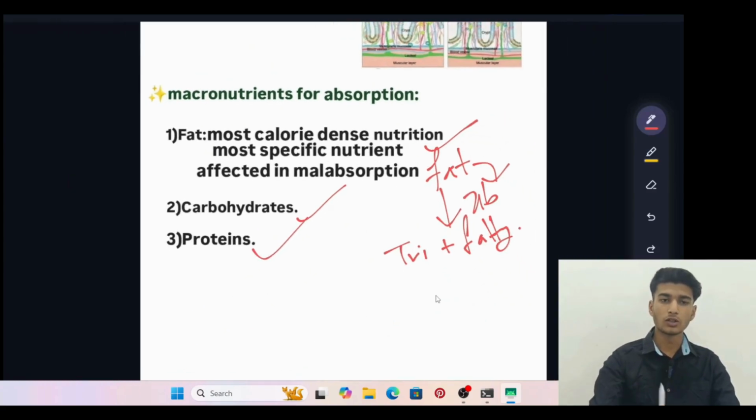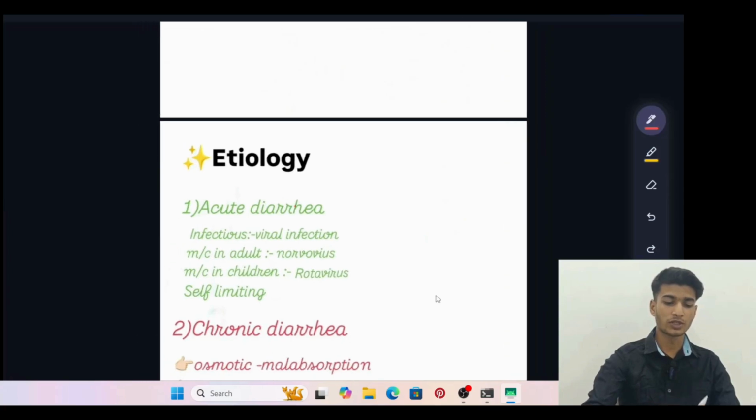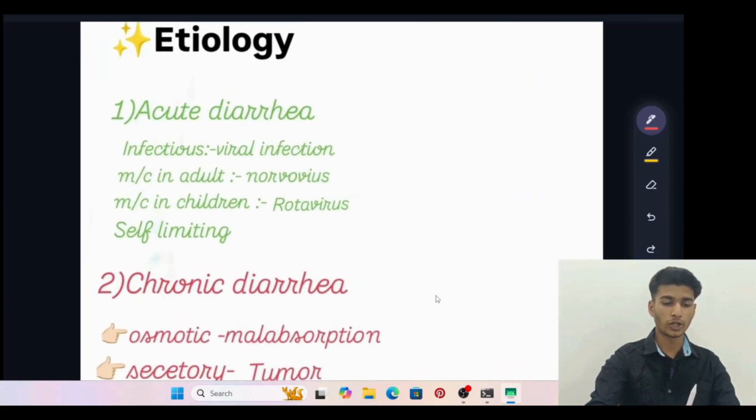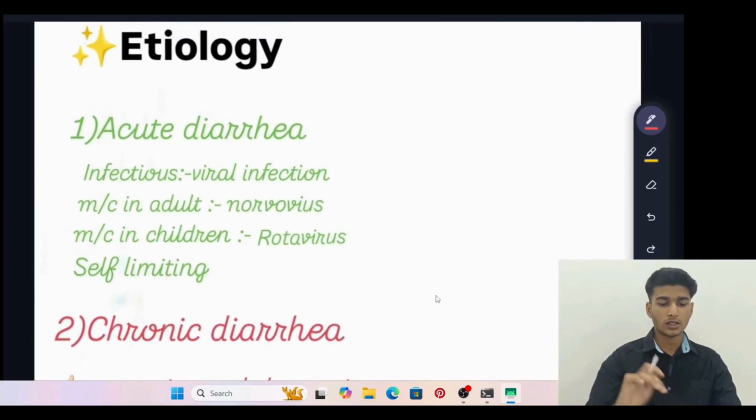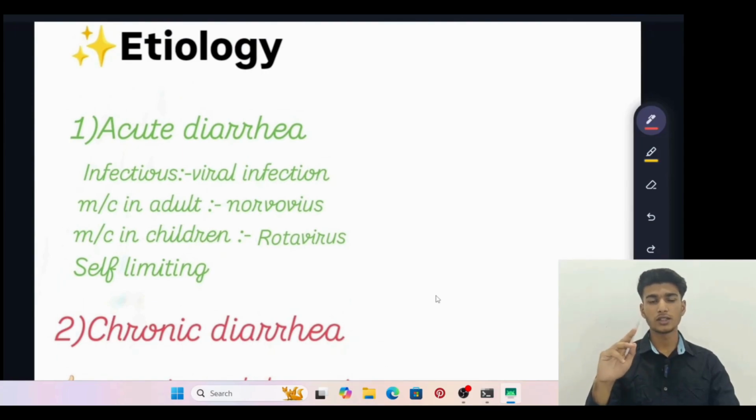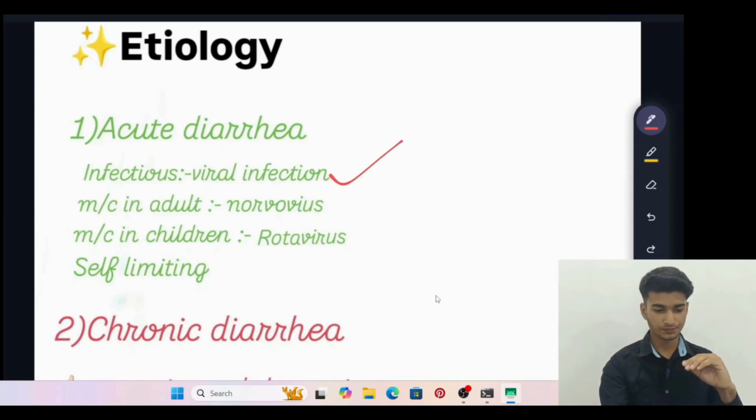So after looking at the physiology of absorption, we'll go towards the pathological viewpoint of this. We have already classified diarrhea on the basis of frequency into 3 types, which are acute, persistent, and chronic. So we'll learn acute diarrhea first. Acute diarrhea is caused due to infection.